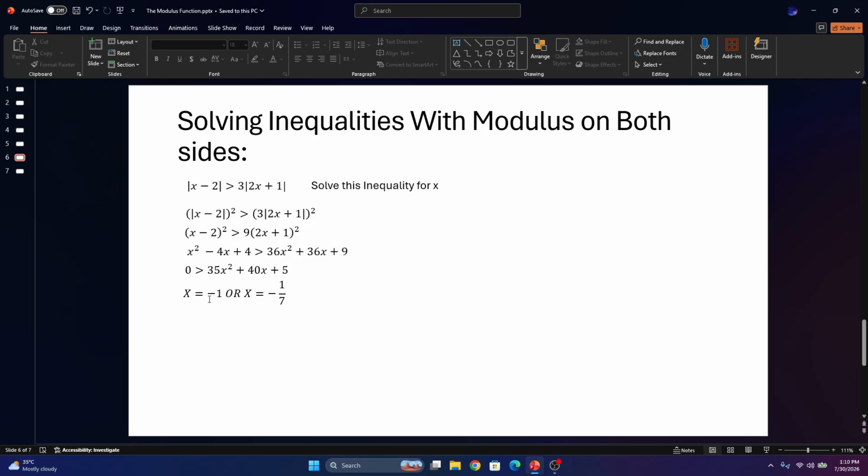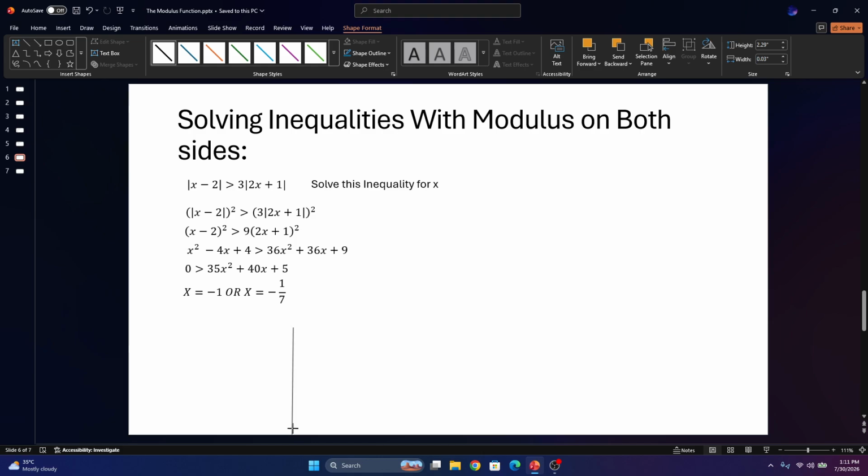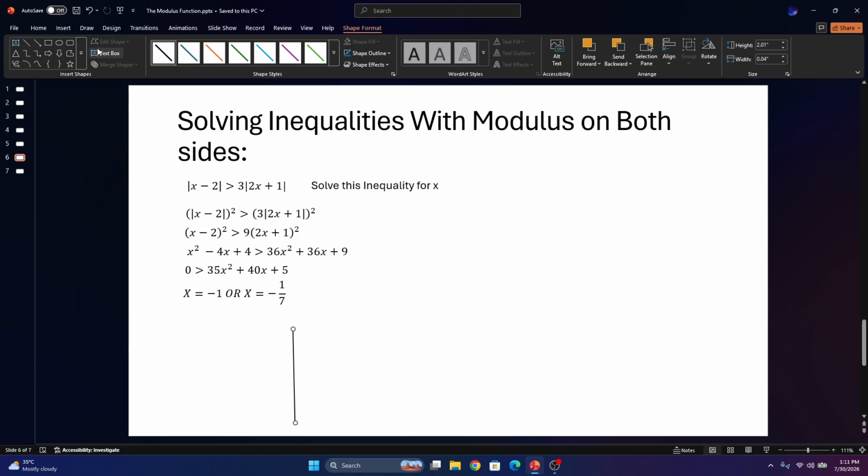Now we're going to solve this inequality using the method that we have learned in P1, which is basically the graph method. So we're going to draw two small x's right here. Actually, let's move these to this side a bit. I'm going to make a straight line right here. You're going to basically draw these in your exam. You're going to have enough space on the paper, and you're going to draw this, which is going to be our x-axis.